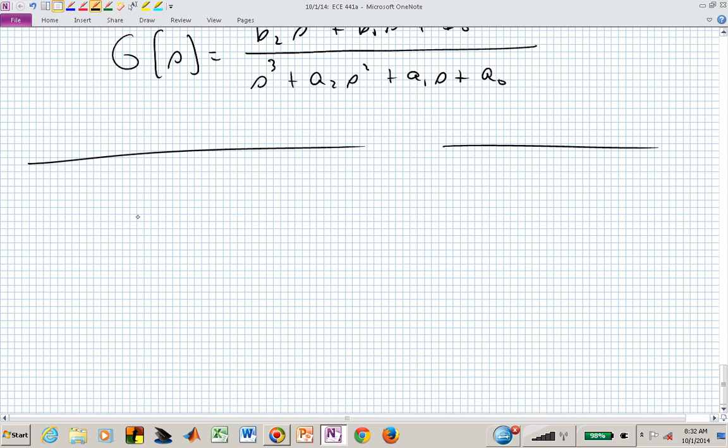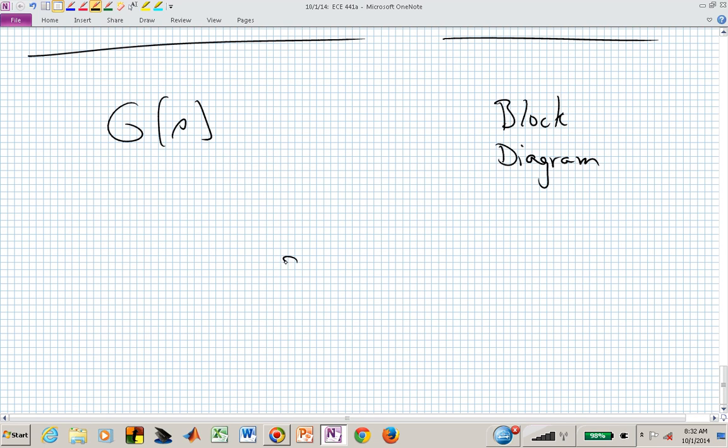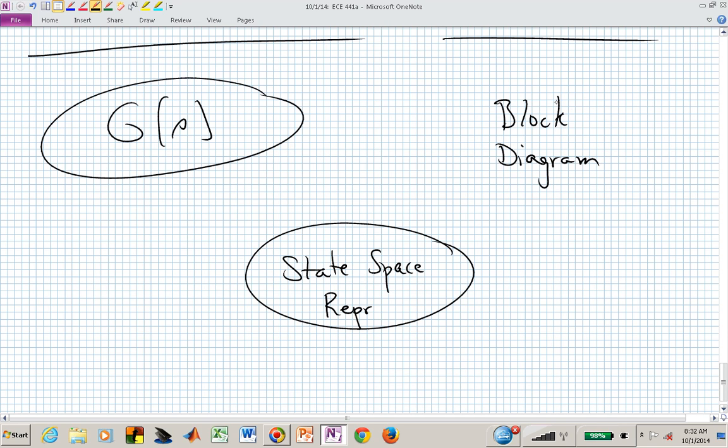Meaning we now have a G of S, or a transfer function. We have a block diagram representation, and we have the state space. And we want to feel comfortable going back and forth.